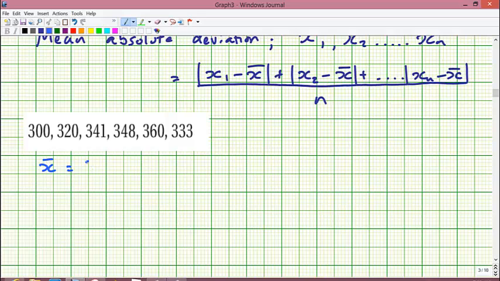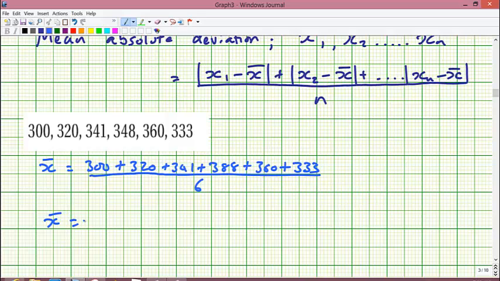So the mean of the data, you've probably already calculated it. 8 plus 360 plus 333 and so on, divided by 6, and that equals 333.6 bar.